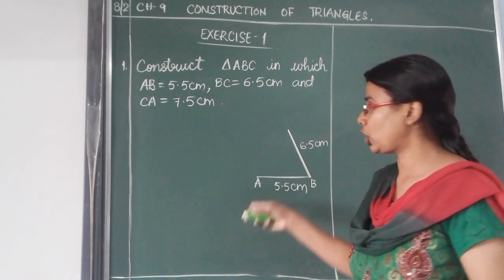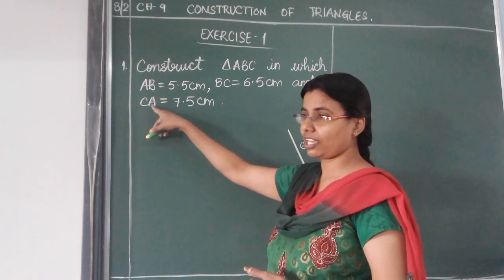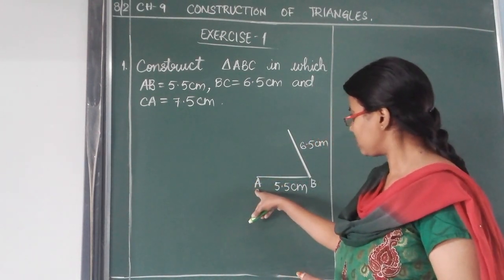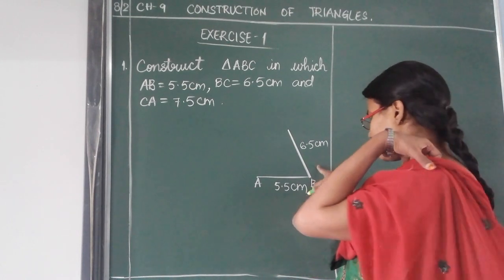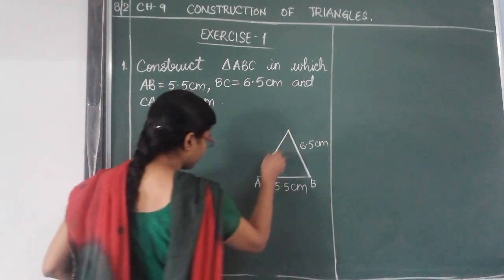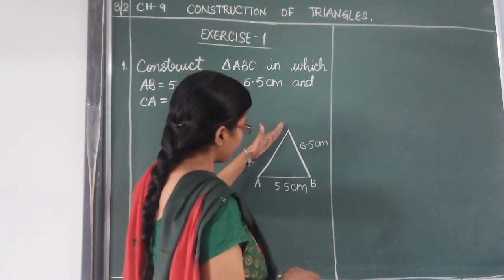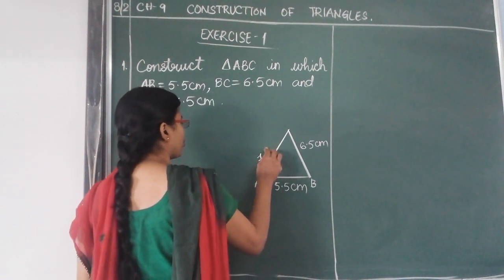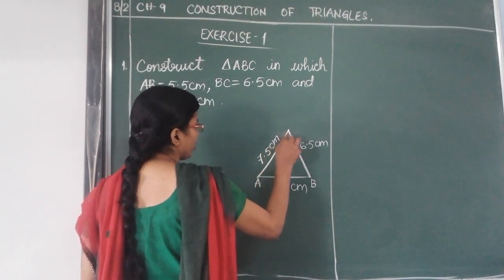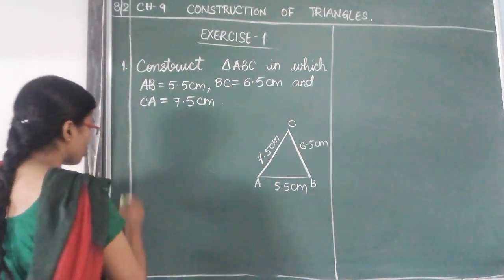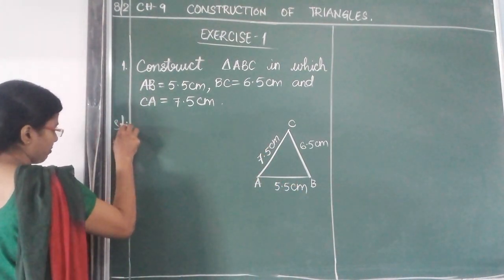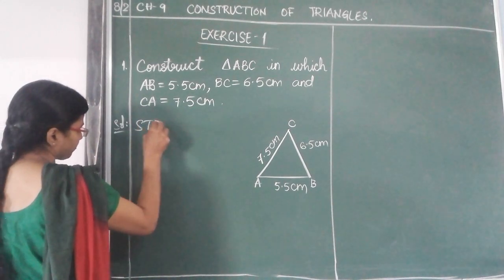Because I know that the longest side is CA. So here A is there and this length has to be greater than this side. So is it greater? Yes, it's a bit greater. So this is the rough figure that we have constructed. So let's write what we have done. Step 1.